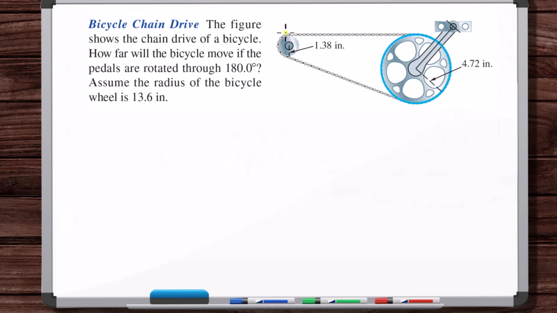That's going to be the exact same as here. If we convert to radians, because radians are really simple for arc lengths, 180 degrees in radians is pi. So the arc length mapped out here is just pi times the radius.